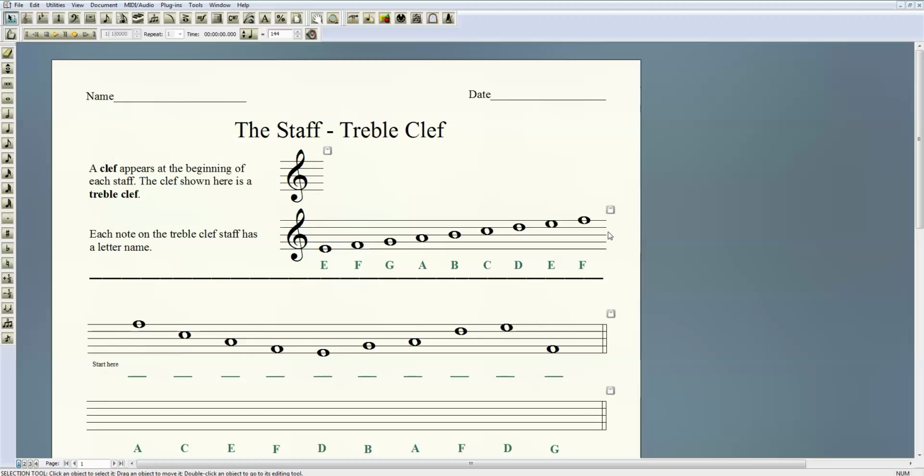Now, if you have a hard time remembering that, we can break it out into 2 different areas, the lines and the spaces. So if we think just about the lines, we have E, G, B, D, and F. And some people find it easy to remember if they think of the sentence, every good boy does fine.